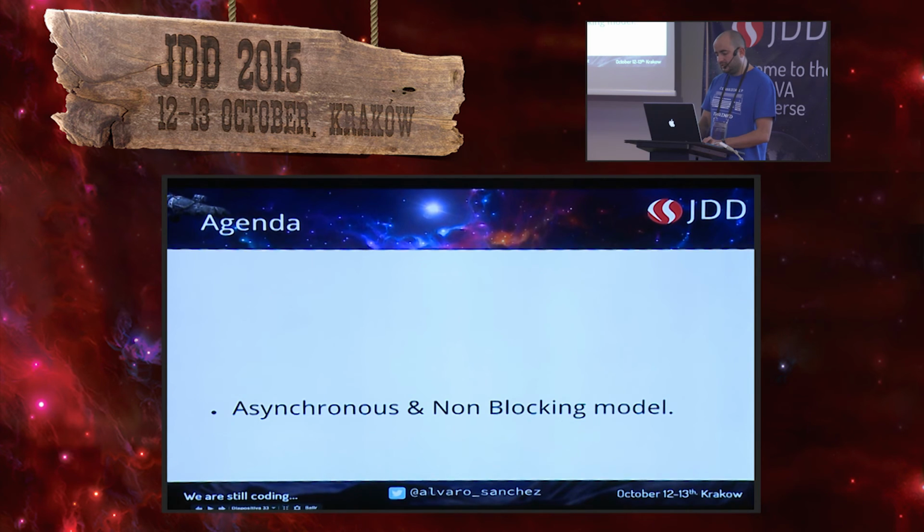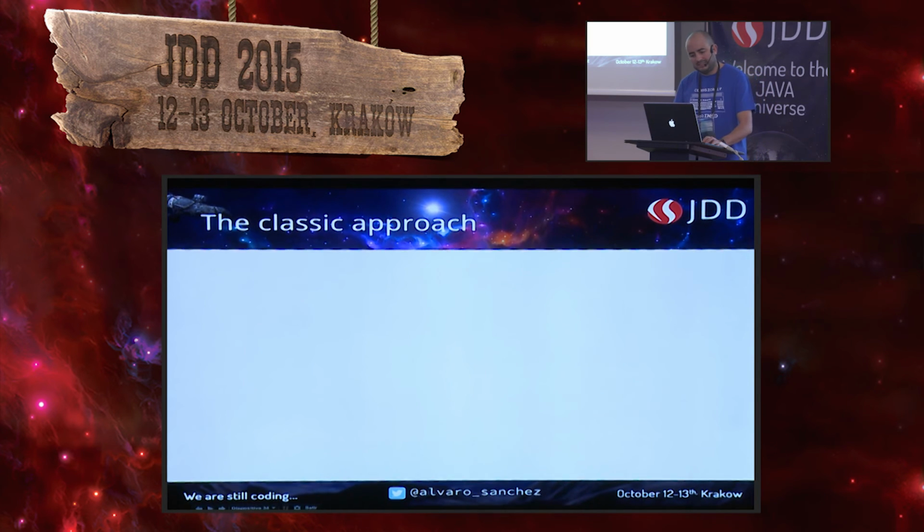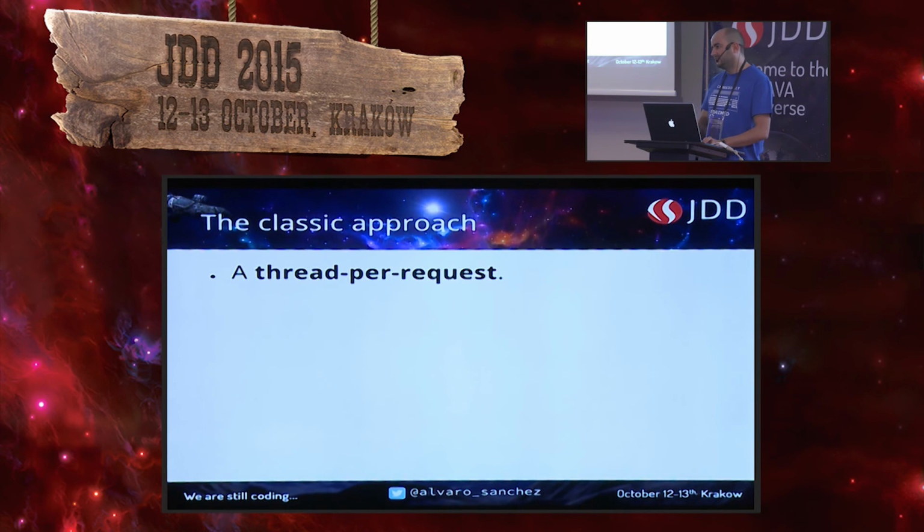Final words about the asynchronous model. The classical approach is a thread per request. So if you think about a servlet-based application, when a request is coming, it will take a thread from the pool. It will run your code, and when your code is done, the thread will come back to the pool.